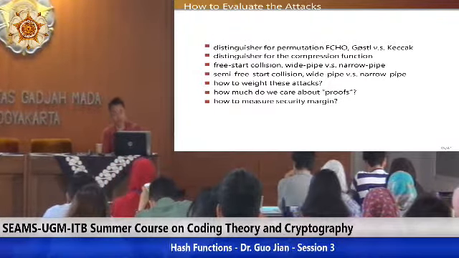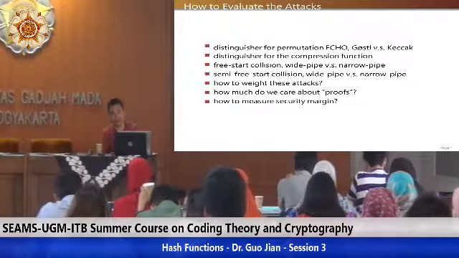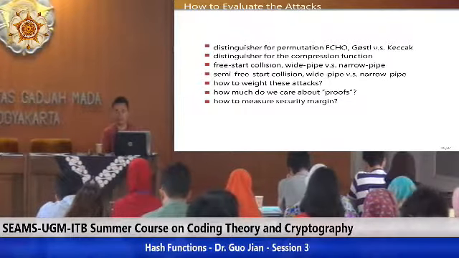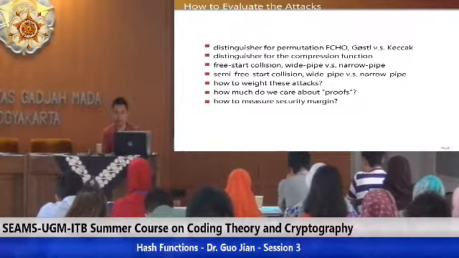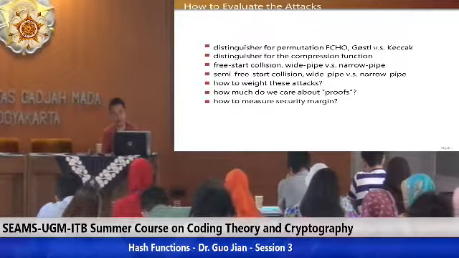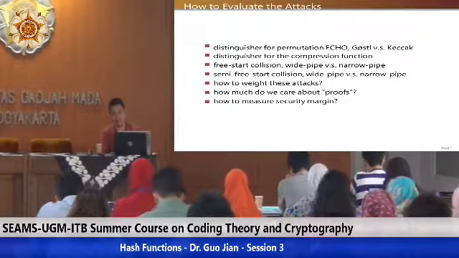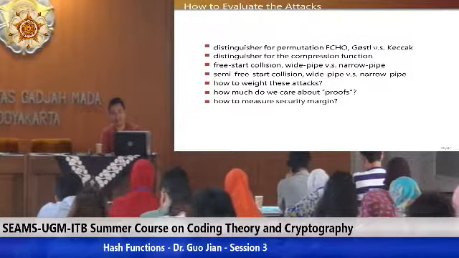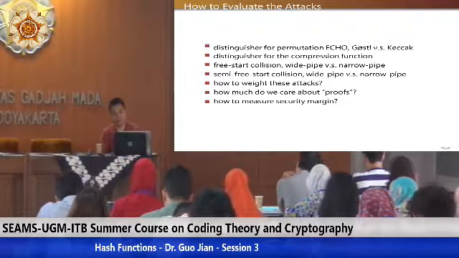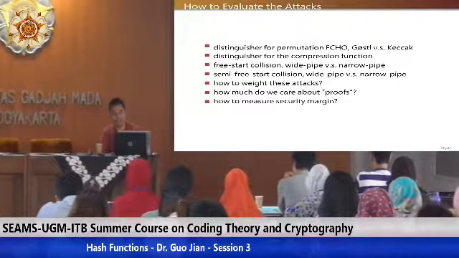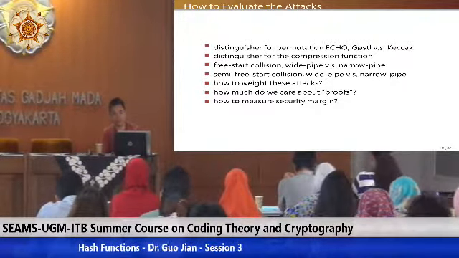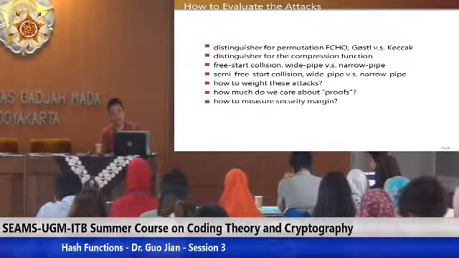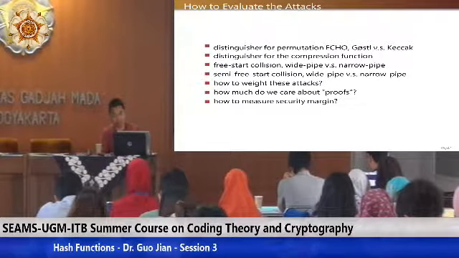So should we care about proofs? Of course, all the proofs rely on some assumptions, like the underlying permutation of Keccak is ideal, then it is proven that the hash function is secure as well. However, we know it's impossible for us to have a really ideal permutation in practice, because once everything is deterministic, there's no randomness.